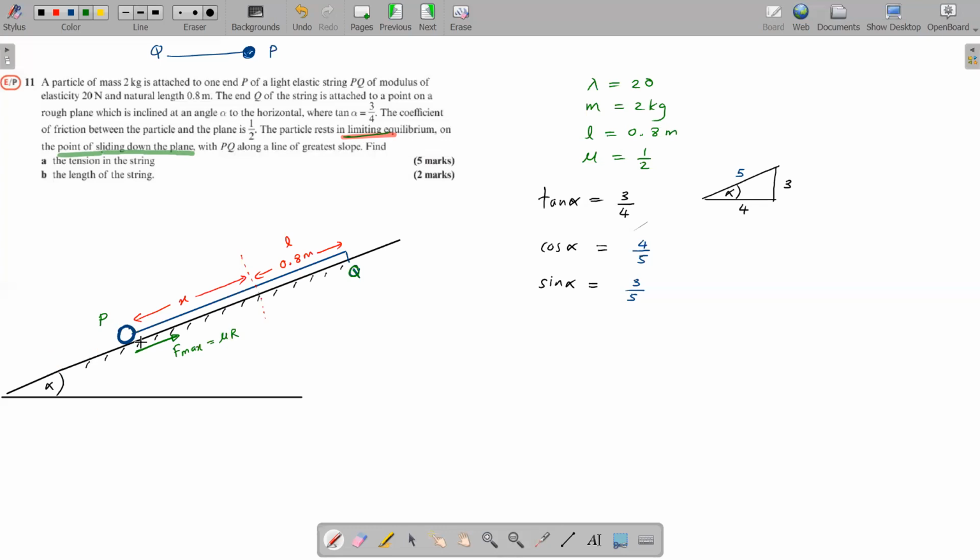Okay, right. So what forces do we have here? You can do this from your M1 knowledge. You have the weight, the weight of 2 kilograms, so 2g. What else? You have the normal reaction acting perpendicular to the plane.